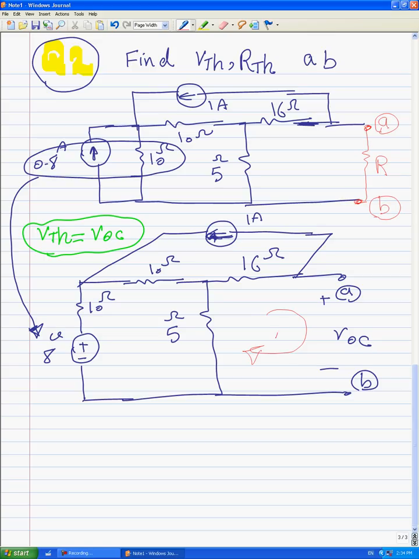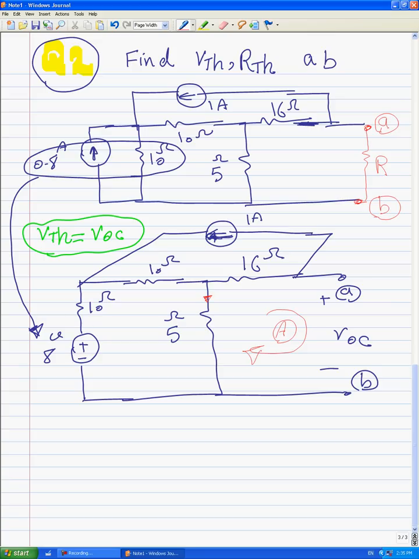For example, loop A. In order to apply KVL in loop A, we need this current. That's why before applying KVL in the output loop, we should determine this current.